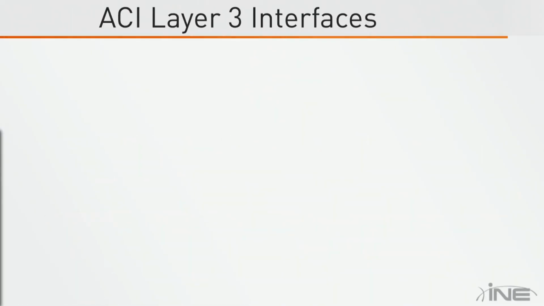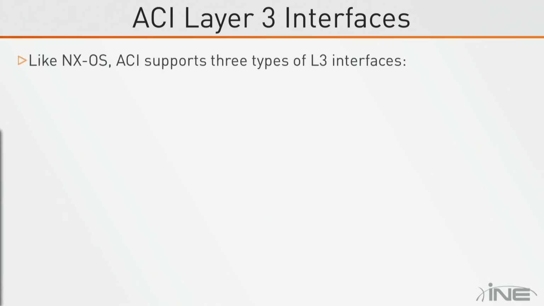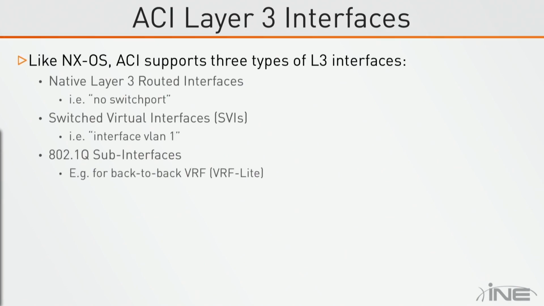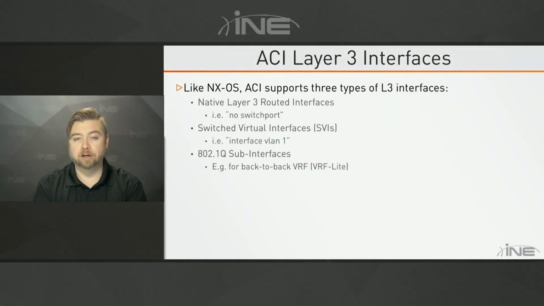Okay, so specifically we'll see that the ACI design supports 3 different types of layer 3 interfaces, just like standalone NXOS mode or Catalyst or regular IOS platforms do. First, we have our native layer 3 routed interfaces, which in standalone NXOS mode would be our no switchport. Then we put our IPv4 or IPv6 address directly on the port.